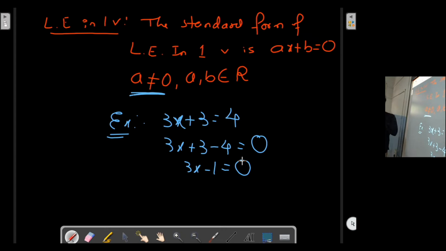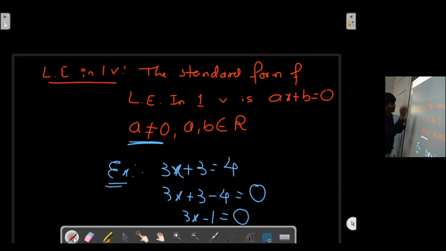So then what about the quadratic equation here? Quadratic polynomial. The degree of the polynomial is what? 2. But before that, all of you write the equation definition. Once again I am writing here.